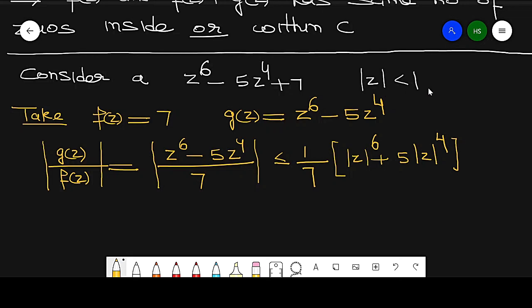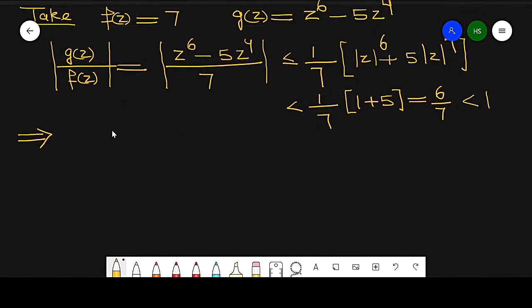Since modulus of z is less than 1, this is less than 1 by 7 bracket 1 plus 5, so this is 6 by 7, which is less than 1. It means modulus of g(z) is less than modulus of f(z) on a circle with radius less than 1.